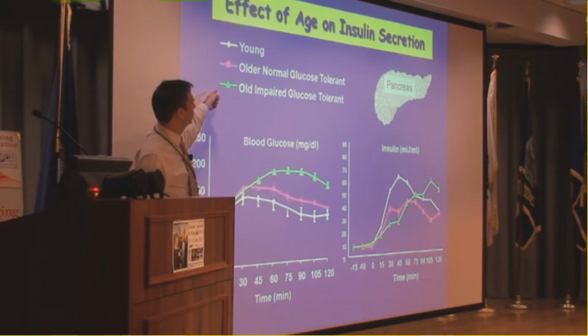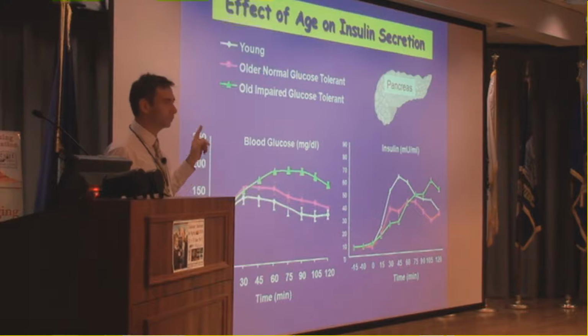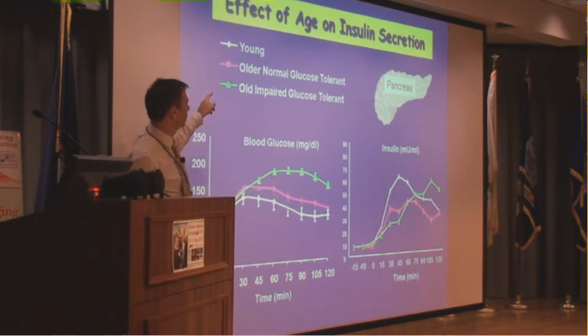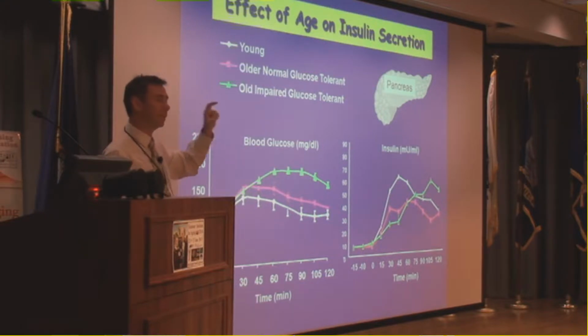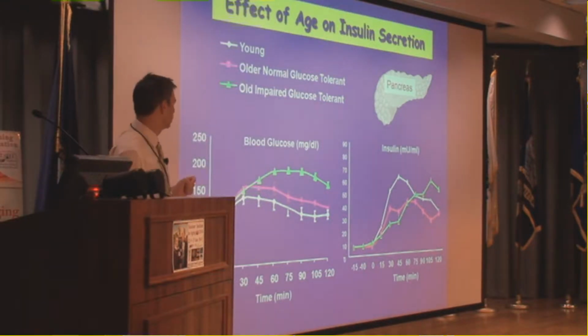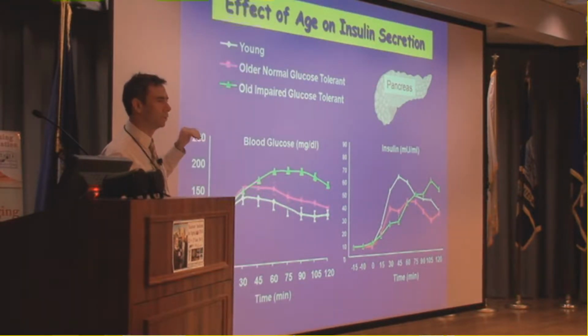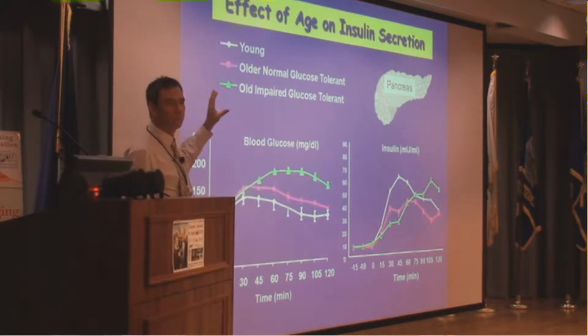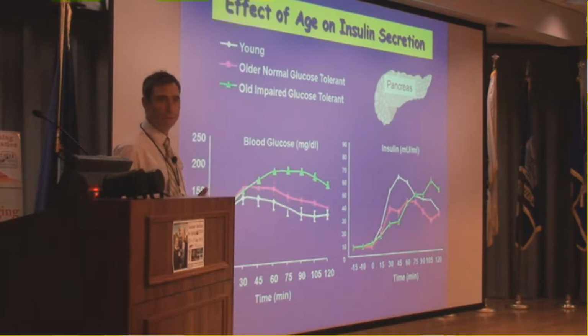And there were also some older people who were glucose intolerant, meaning they were not diabetic yet, but the glucose tolerance test was between 140 and 200. And we wanted to see whether aging itself would be associated with problems in beta cell function.